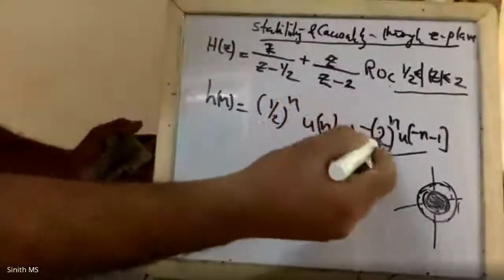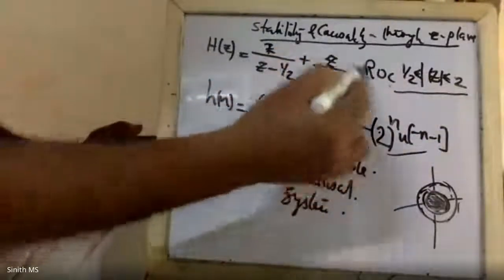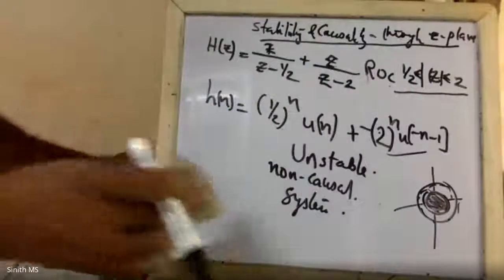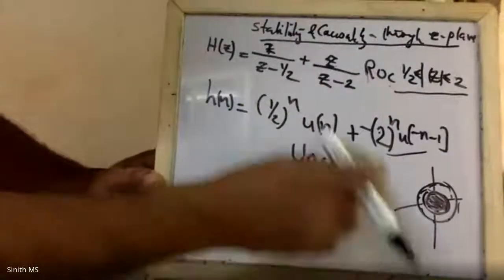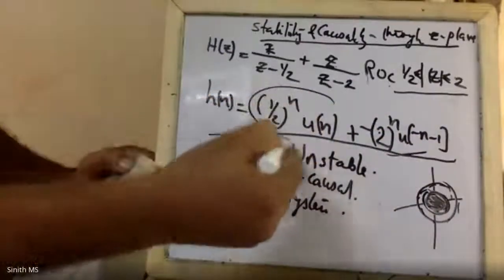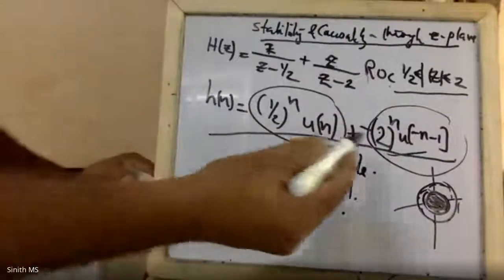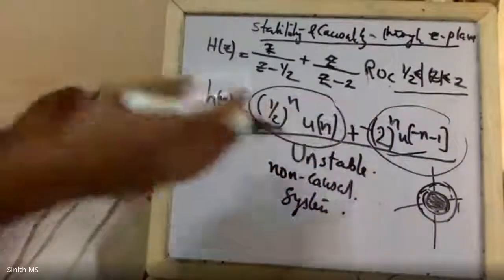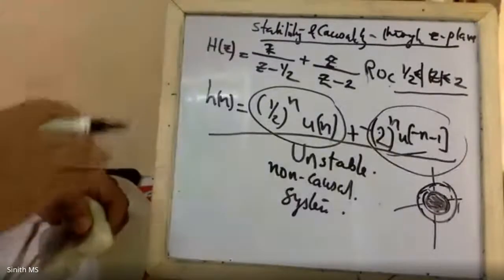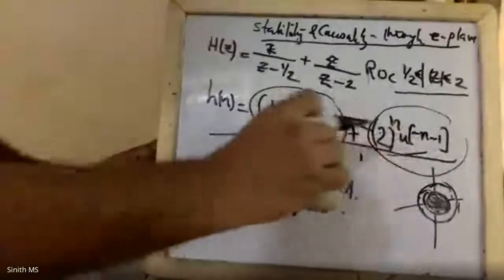And this will be |z| less than 2, so the inverse of this will be minus 2 raised to n u[-n-1]. Is this a left-hand sided or right-hand sided signal? This is a right-handed signal, while this is a left-handed signal. So you can see that there are some values on the left-hand side of h[n]. That means the signal is going to be non-causal.